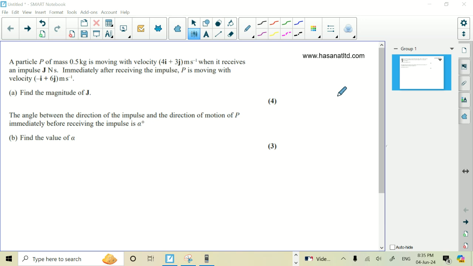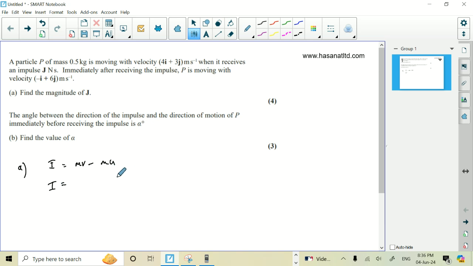So, in order to find the magnitude of J, we need to know that impulse. Part A, impulse is equal to mv minus mu. Now, we could use vectors here. There's multiple ways of doing this, but I'm going to use vectors.